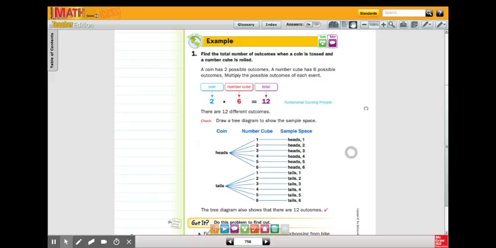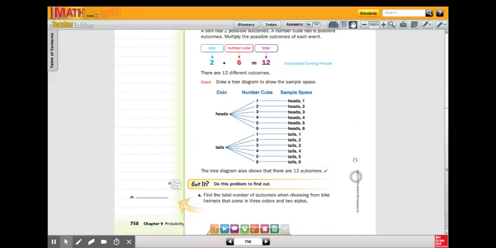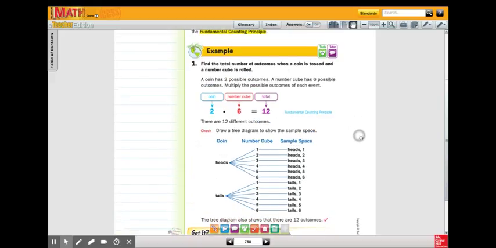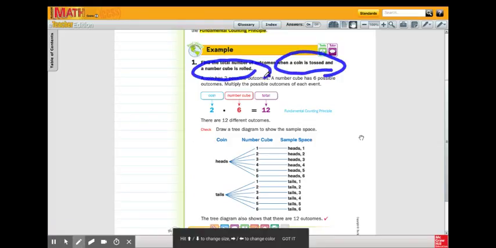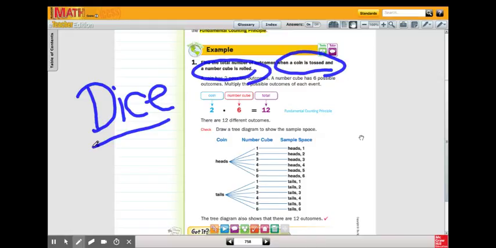on the next example there, it talks about what it means, and it shows that you're going to be tossing a coin and then rolling a number cube. So, tossing the coin has two possibilities.